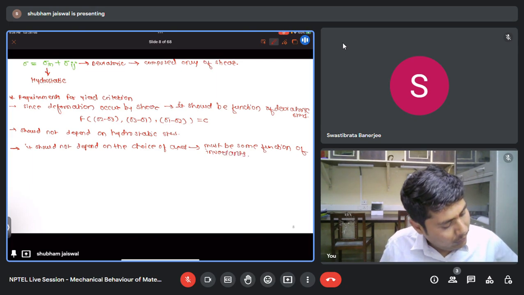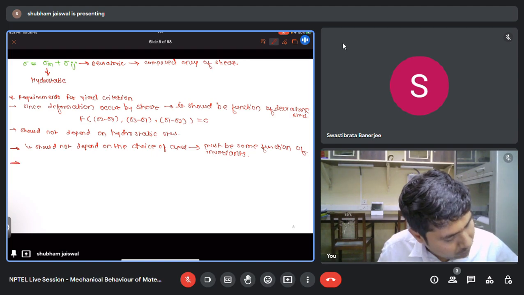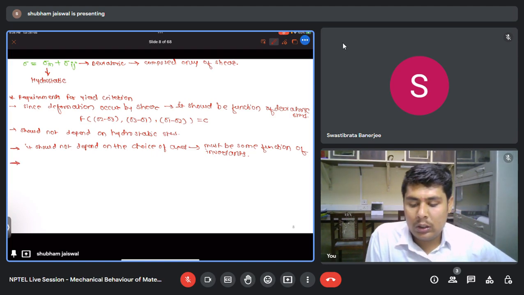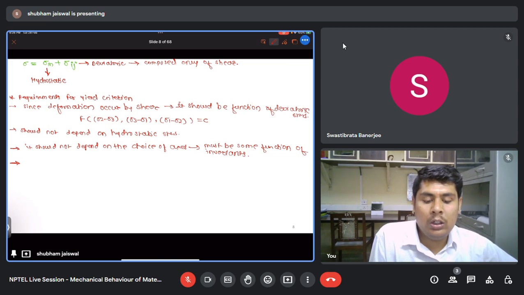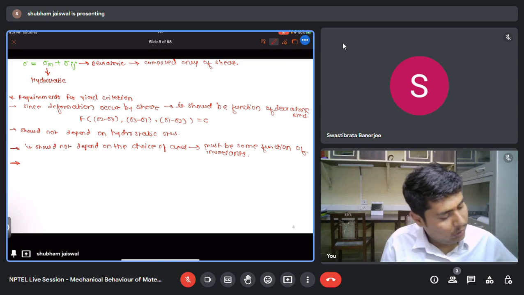And the last requirement for the yield criterion is that the size and position of the Mohr circle should not determine the yielding.